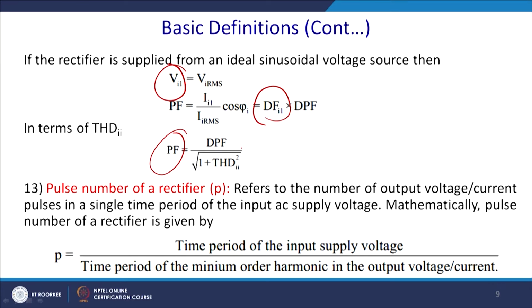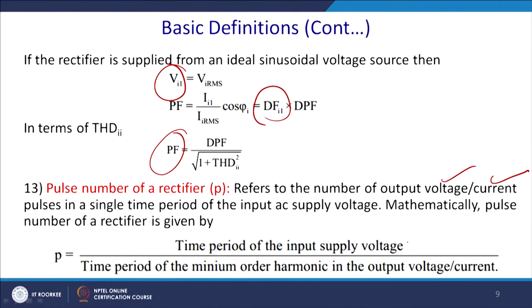Another important parameter for analyzing the rectifier and the converter is the pulse number. The pulse number of a rectifier refers to the number of output voltage or current pulses, whichever parameter you are analyzing, in a single time period of the input AC supply.